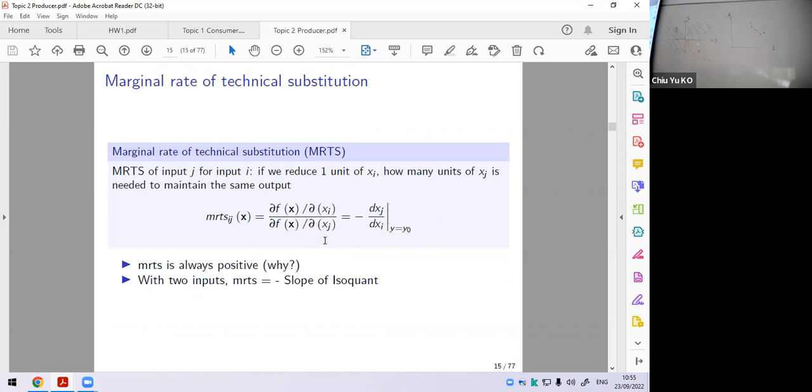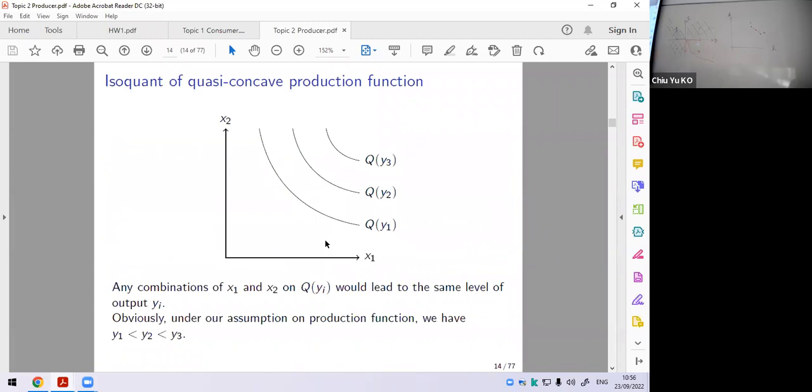Let me repeat. The numerator is the output you need to produce in order to compensate for the loss of 1 unit of I, because each I produces this much. So you reduce 1 unit of I, then you need to get back this. And how many J you need to employ depends on how much 1 J can produce, so you just divide by that. So that is the definition. And that comes from calculus. This is just the slope, or negative slope, of the isoquant. Basically this is just this one.